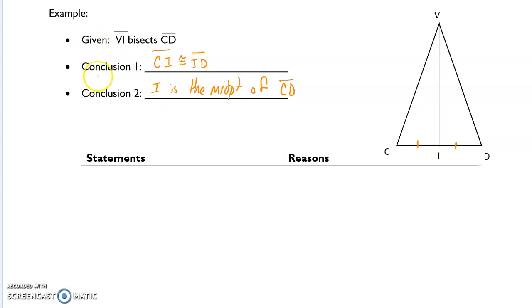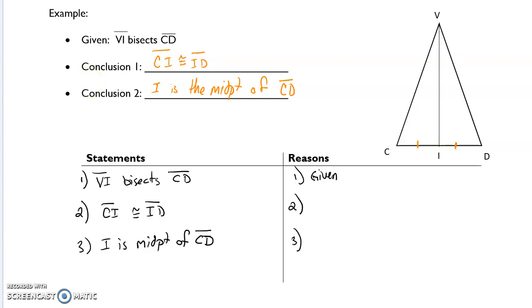So again, these three statements, the given, conclusion one, conclusion two, in that order, can go down as statements in my two-column proof. At this point, the given statement has a reason of given. Now I need two new reasons. Again, the order mattered. A segment bisecting another segment implied I had congruent segments, not a midpoint. Congruent segments implies that I have a midpoint.